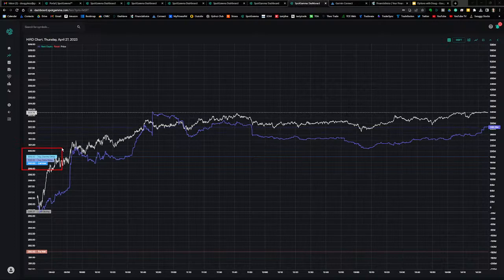In Microsoft, it's the key gamma strike, the key delta strike, and the call wall. And price is now trading above that level. And notice Hero has leveled off. Price is trading sideways.